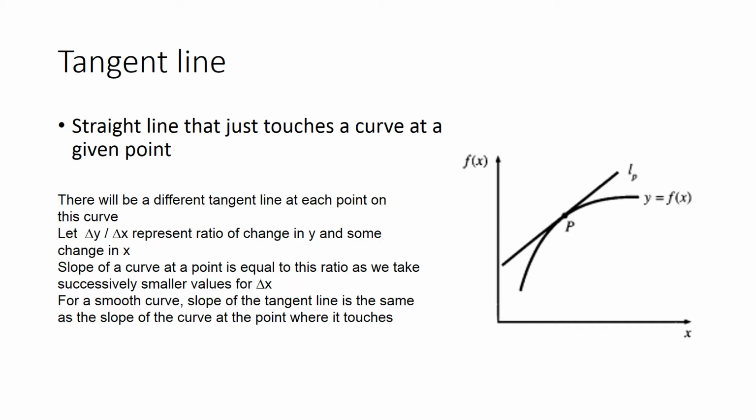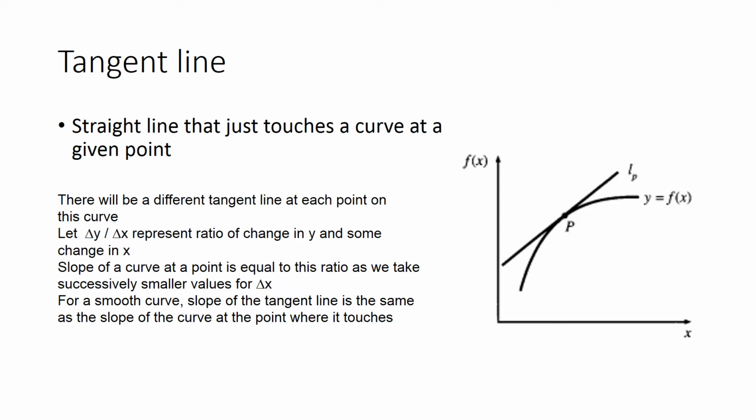For a smooth curve, the slope of the tangent line is the same as the slope of the curve at the point where it touches. So that means the slope of the tangent line is the same as the slope of y equal to f(x) at the point P. For a different point, let us say Q, which is somewhere to the right of P, we will have another tangent.